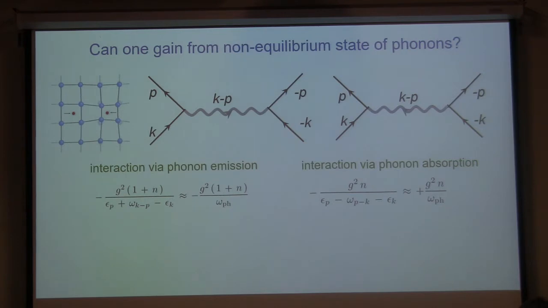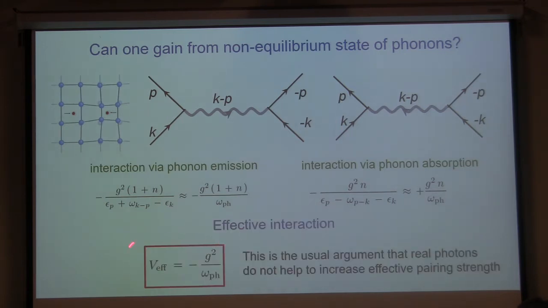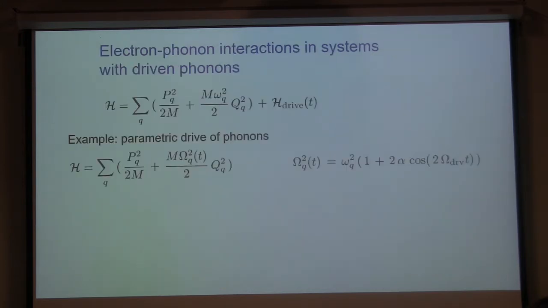It has just the number of bosons as a factor, and this corresponds to effective repulsion. So if we add the two contributions, we find that the effective interaction no longer includes the number of phonons, it drops out, and that's where the usual expectation comes in, that only virtual phonons can cause superconductivity, but real phonons do not make any difference. And that's why it was so surprising that by making a non-equilibrium state of phonons, we can actually cause superconductivity.